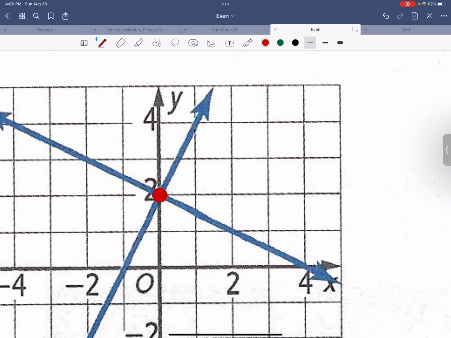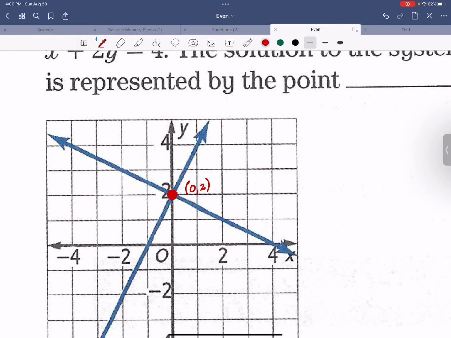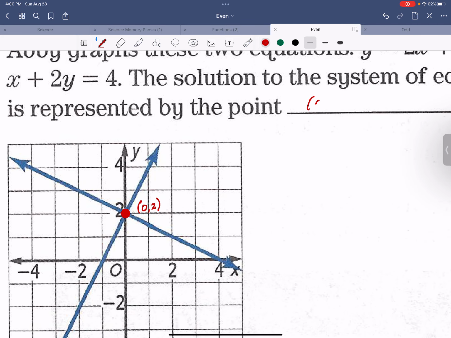Whatever that point is, that's your solution. So it is at 0, 2. And that is the solution to that system of equations. You could also interpret it as x is 0 and y is 2.